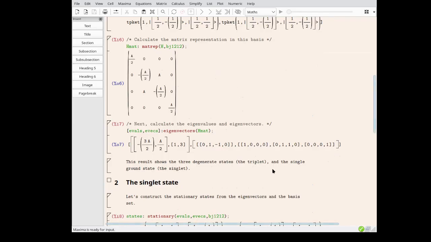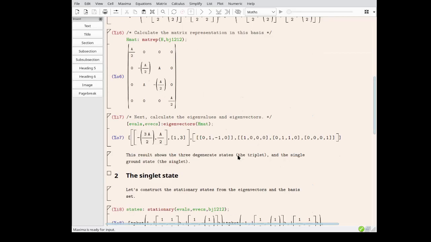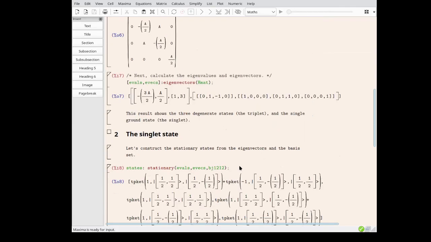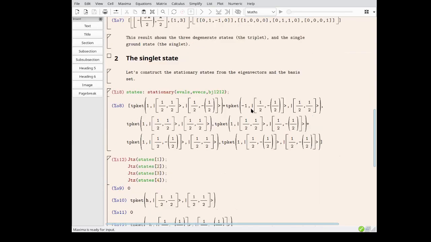So we can reconstruct, in terms of our original basis states, the stationary states of this Hamiltonian from the results that we get from the output of eigenvectors. And we can do that here by using the function stationary.